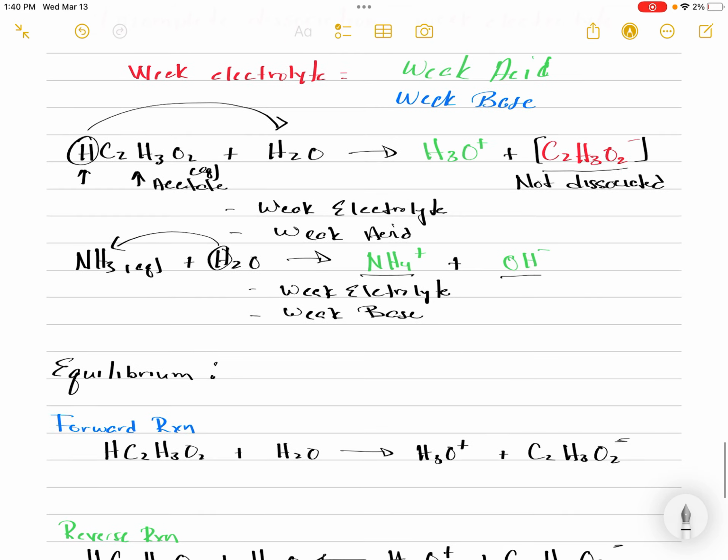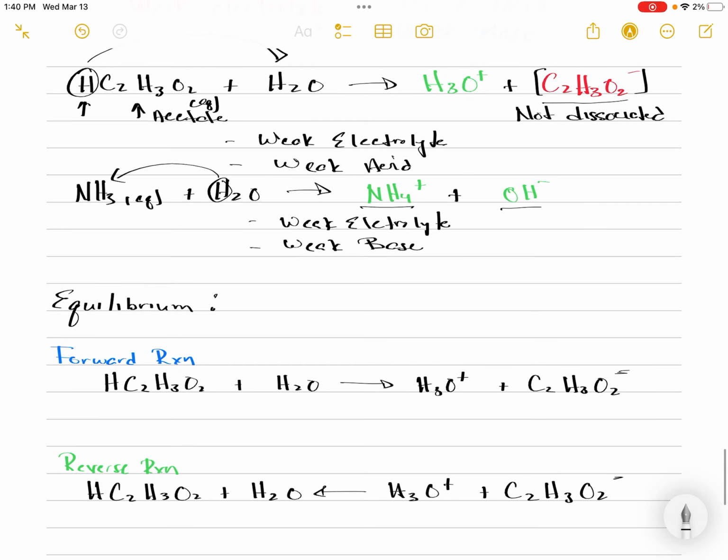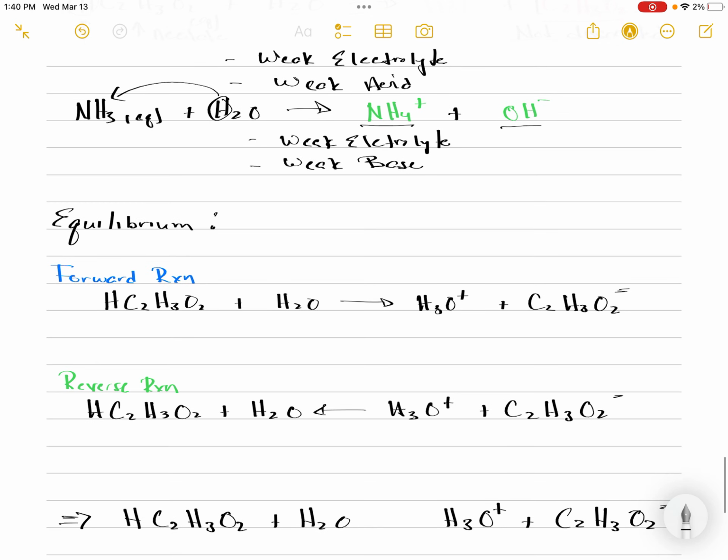Now, when those ions become abundant, the reverse reaction happens, where the reaction moves in the direction to the left. So you have one moving to the right, one moving to the left. And eventually this is going to reach a point where these reactions are just kind of going back and forth. When that happens, we call that equilibrium.